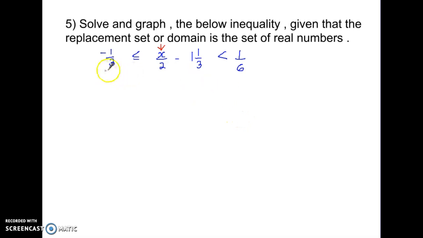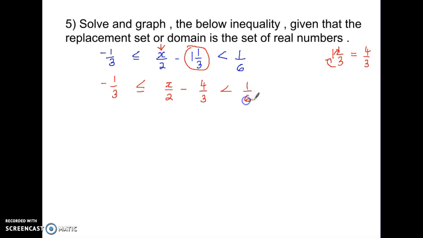Before we deal with this problem, if you look at this question, you can see that there is a mixed fraction here. We have 1 and 1 over 3. Let's change that to an improper fraction first. 1 times 3 is 3, plus 1 is 4, so it's 4 over 3. Negative 1 over 3 here, less than or equal to x over 2 minus 4 over 3, less than 1 over 6.